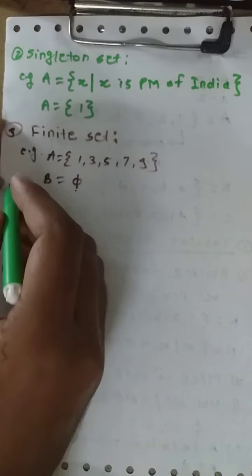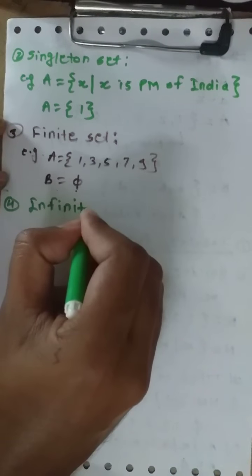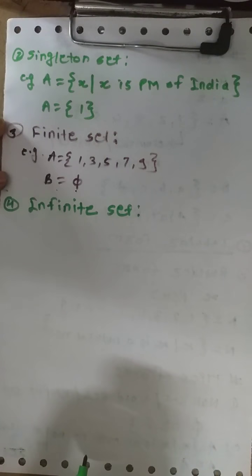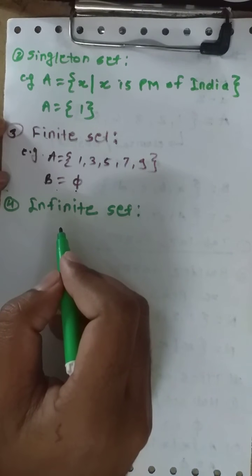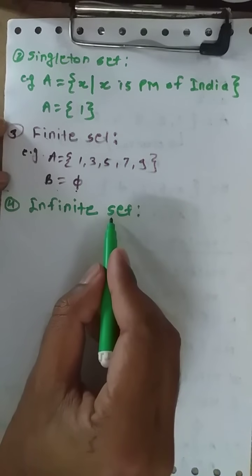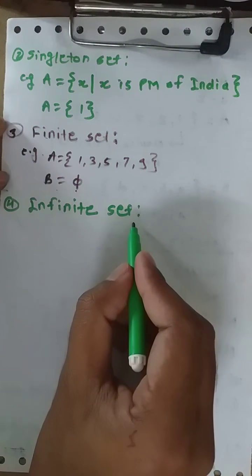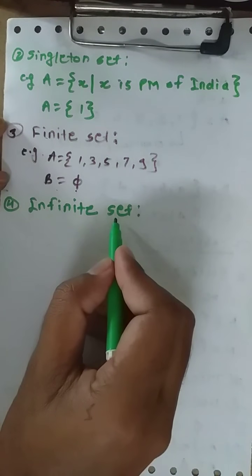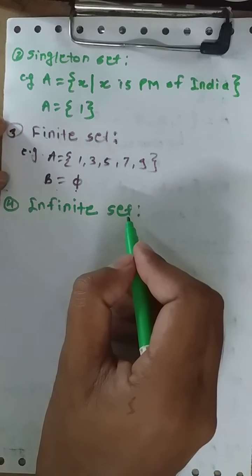Now the next type is infinite set. Infinite set is the opposite of finite set. A set which has an infinite number of elements is called an infinite set, and the elements of an infinite set cannot be counted.